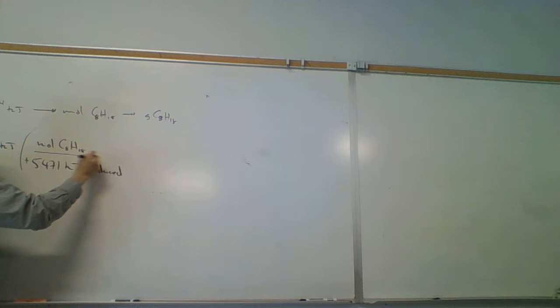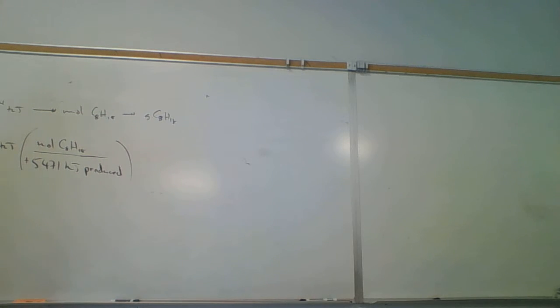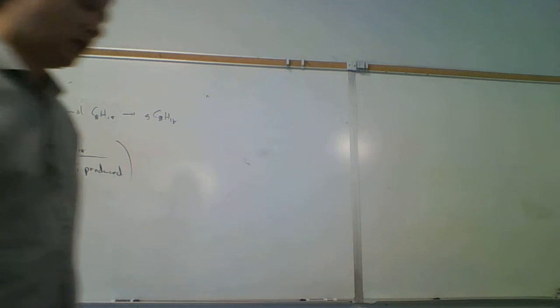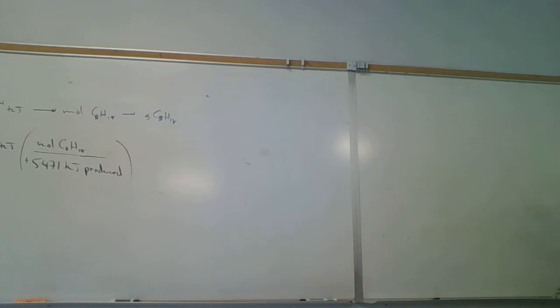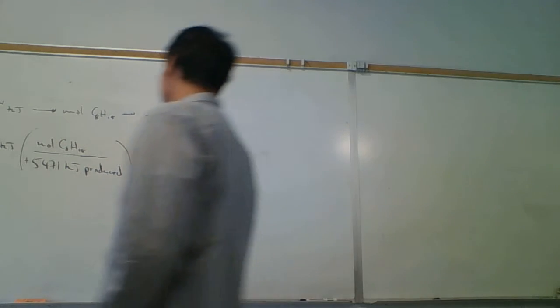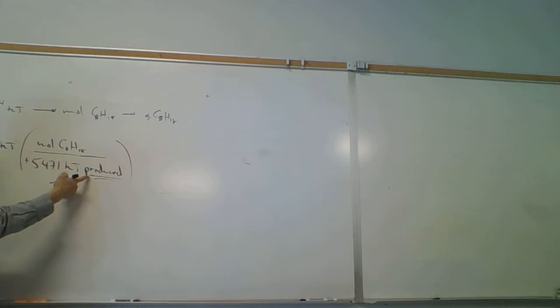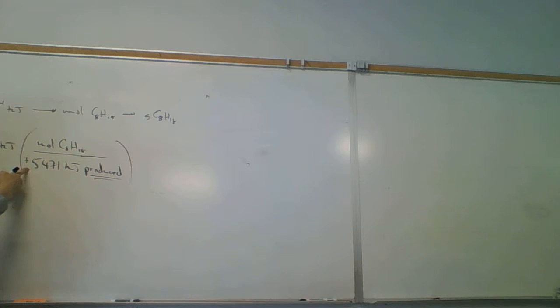That negative sign, we don't know if the energy is being produced or consumed. The negative sign tells us that. Rather than using a negative sign, I'm just going to say the word produce, so I can get rid of the negative sign here. This is how much energy is produced.